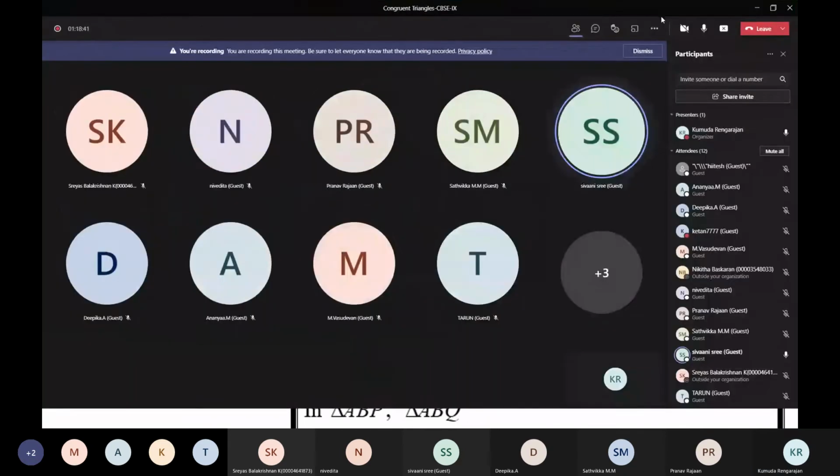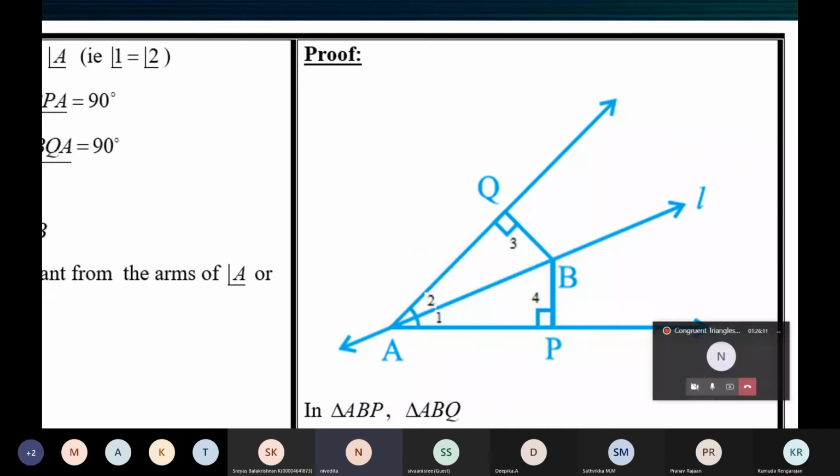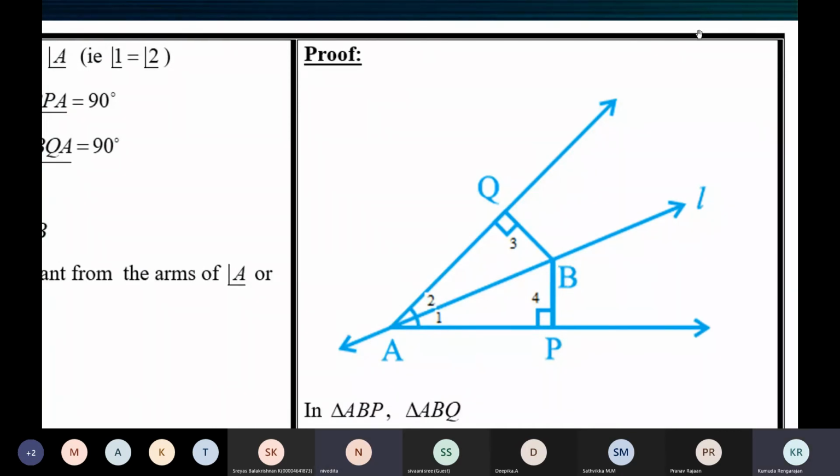Ma'am, triangle ABP and ABQ. Correct. ABP, ABQ.